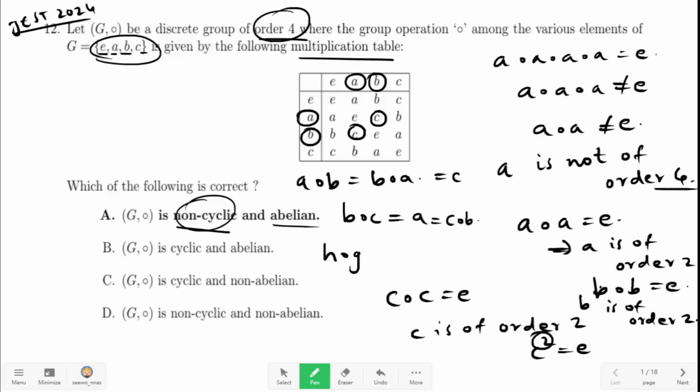H operation G is equal to G operation H for all H and G belonging to capital G. Therefore, the group is abelian. Option A is the correct answer here.